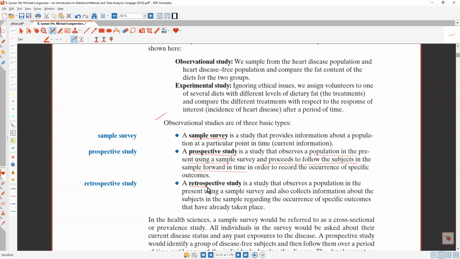And then there's also a retrospective study that observes a population in the present using a sample survey and also collects information about the subjects in the sample regarding the occurrence of specific outcomes that have already taken place. So we see the idea of retrospective being in the past a little bit, whereas prospective is seeing what's going to happen forward in time.